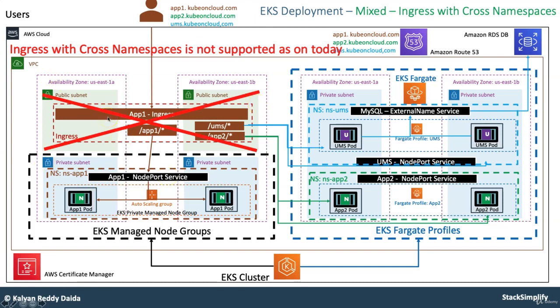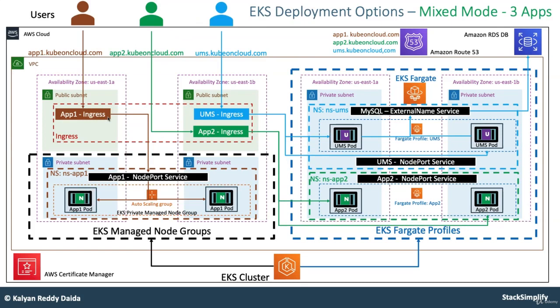So if we are dealing with multiple namespaces, each namespace should have its own ingress, and if inside a namespace you have 10 apps, you can implement context path based routing or host header based routing, whatever routing you want, inside that namespace.